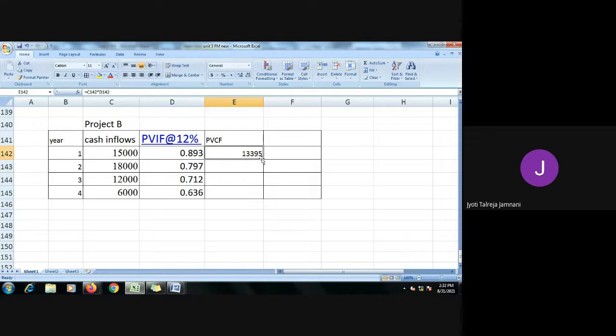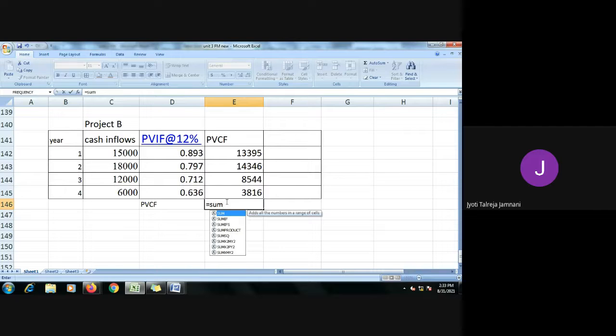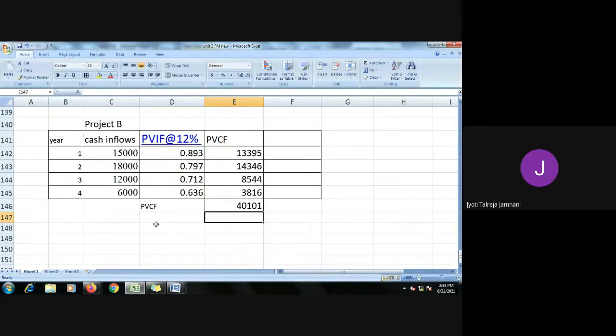Similarly, 18,000 into 0.979, you will get 14,346. 12,000 into 0.712, 8,544 and 3,816. Add all this to get the total. So 40,101 is the total.